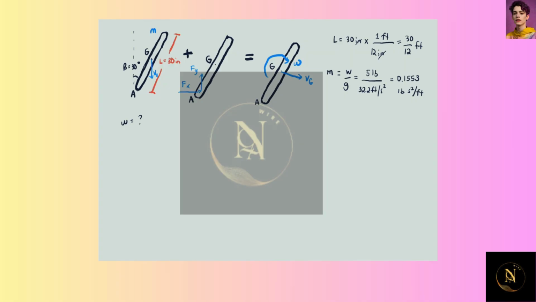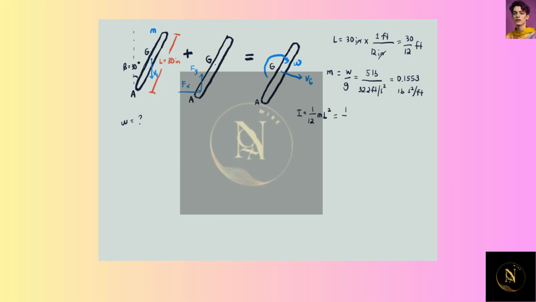There. So, you can also already calculate the moment of inertia. Since this is a rod, its moment of inertia is given by I equals 1 over 12 m l squared.